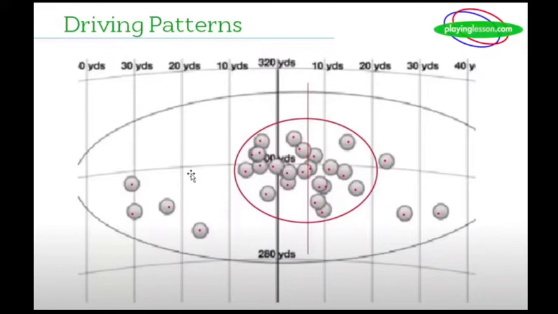The research also shows that they miss equally left and right of their intended target line. What they do better than the rest of us is that they make sure that they do not miss on the side of the hole that has the hazard or water. So they may miss left and right 65 yards, but they've chosen a target that excludes the high number from coming into play.